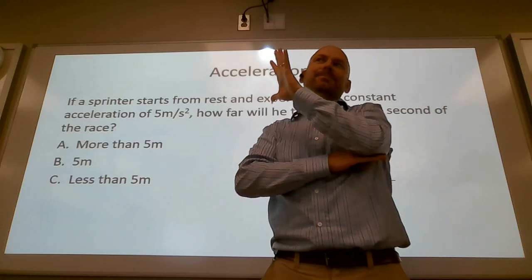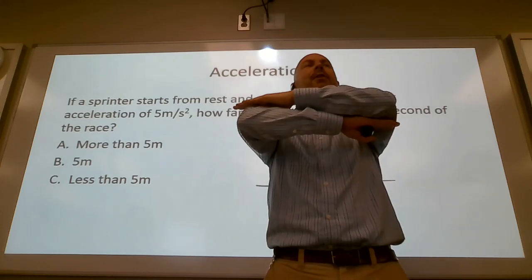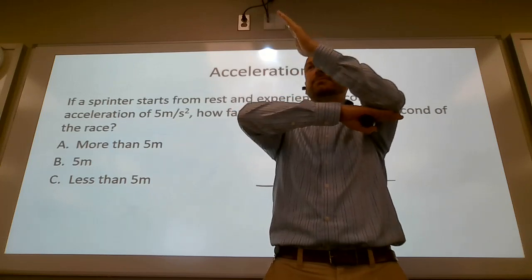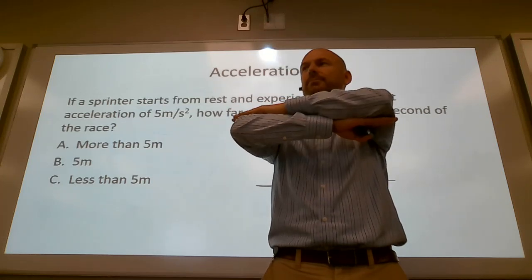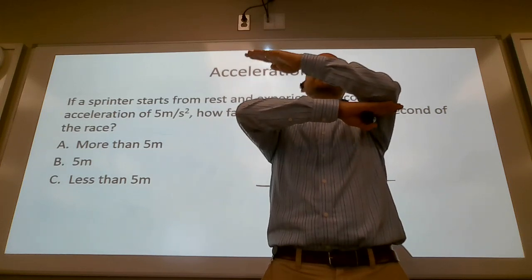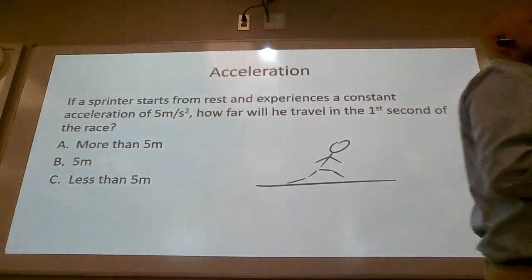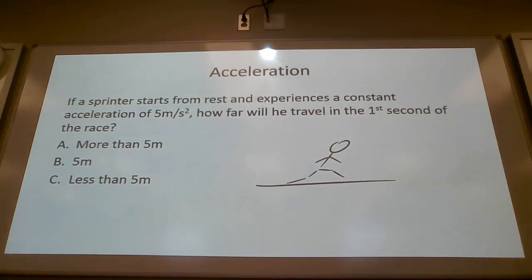However, it wasn't going 5 meters a second. It reached 5 meters a second at the end of Ippy. It started at rest, so it traveled less than 5 meters. Good with that?